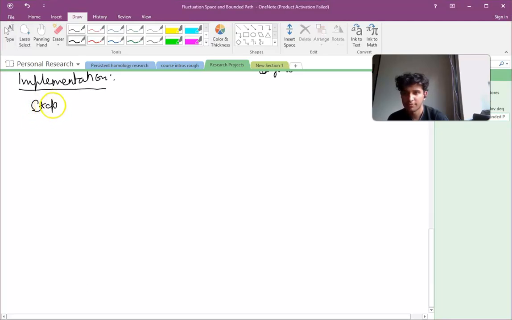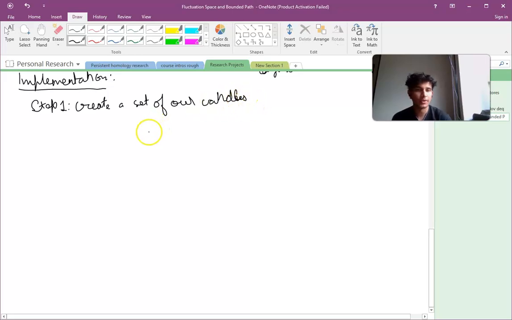Step 1, create a set of our candles. So we don't care in what order they are, we just want some set wherein I have this, that, right?